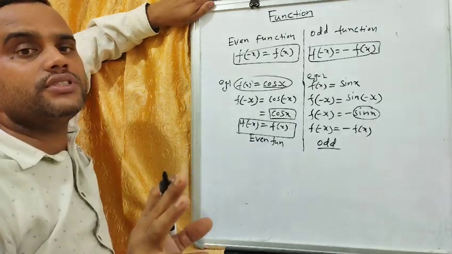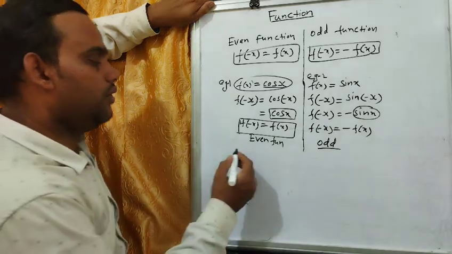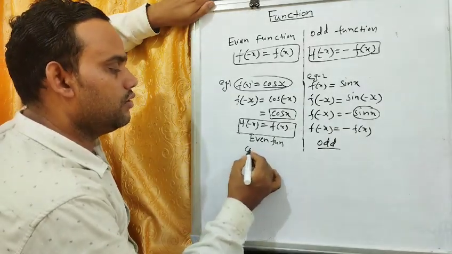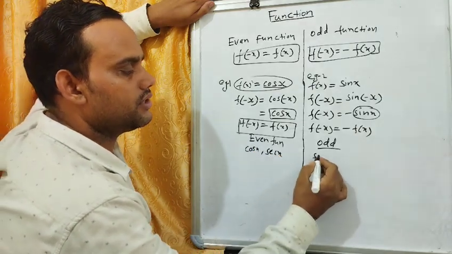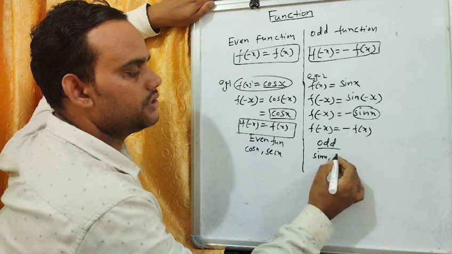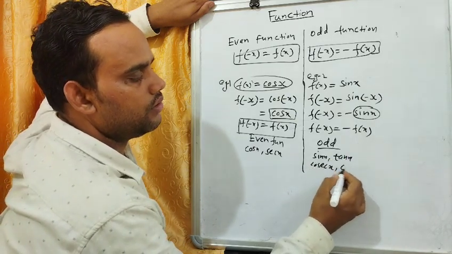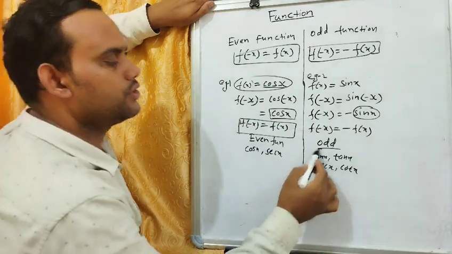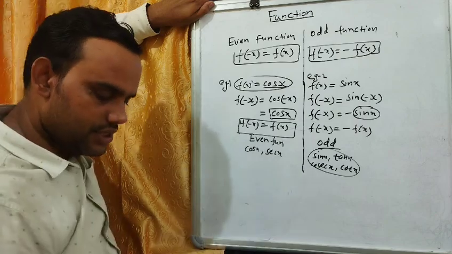Among them only 2 functions, cos x and secant x, are even functions. The odd functions are sin x, tan x, cosec x, and cot x. So we have these 4 odd functions, and the even functions are cos x and sec x.